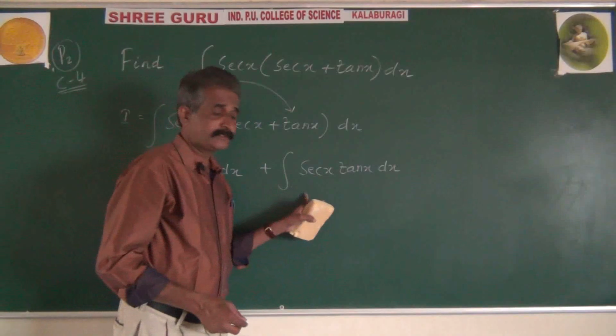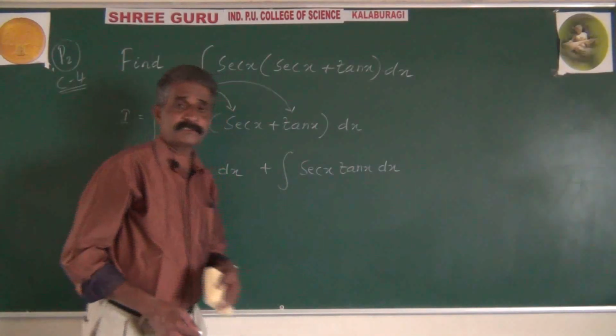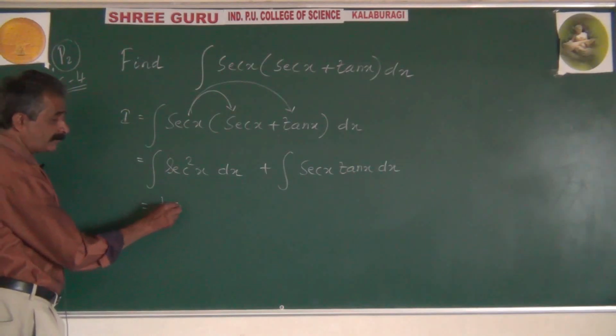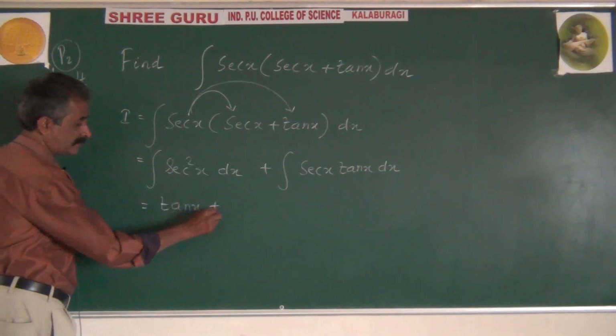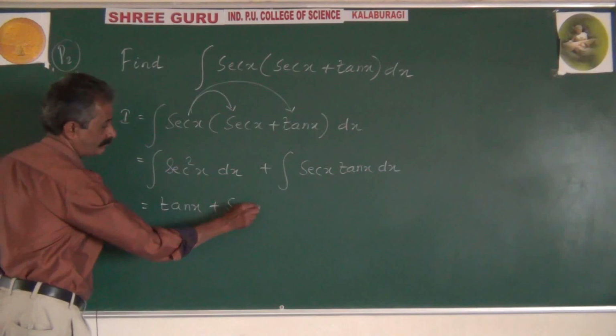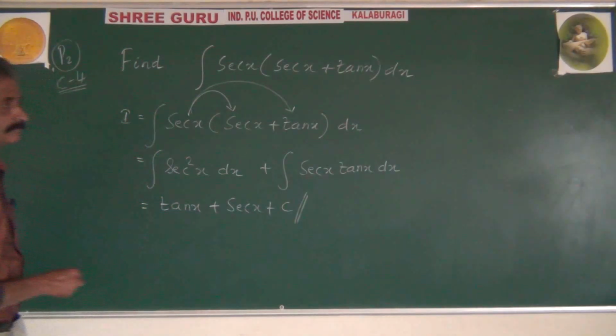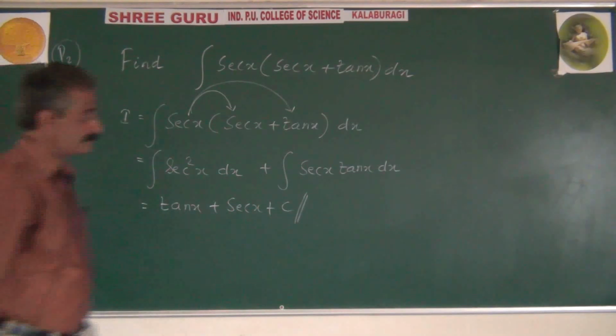Integration of secant square x is tan x, whereas integration of sec x tan x is sec x. So it is now tan x plus sec x plus constant. Next problem.